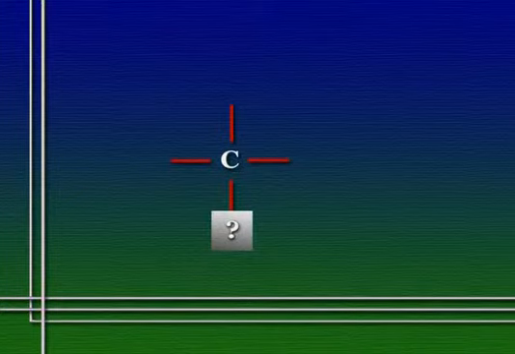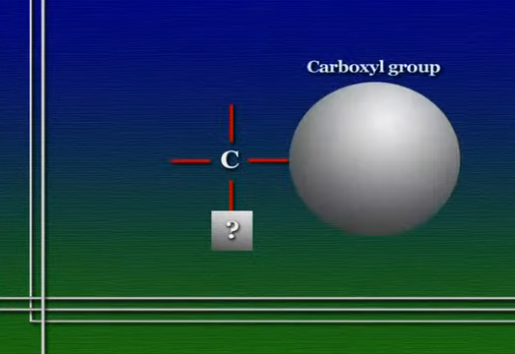Let's look at the building blocks, the amino acids. At the center of an amino acid is a carbon atom. This carbon atom is surrounded on three sides for all amino acids by the same three things. And then on the fourth side, it has something different attached depending on which amino acid it is. The three parts of an amino acid that are always the same are first a so-called carboxyl group.